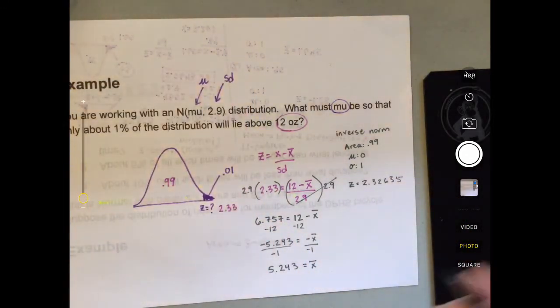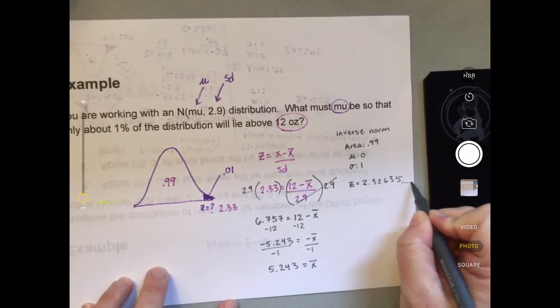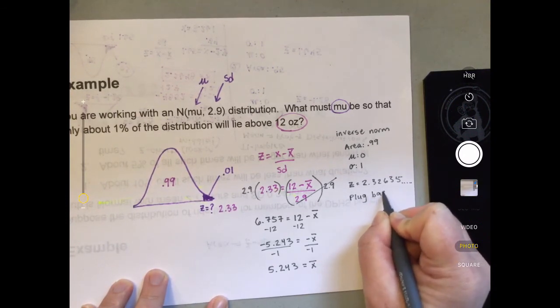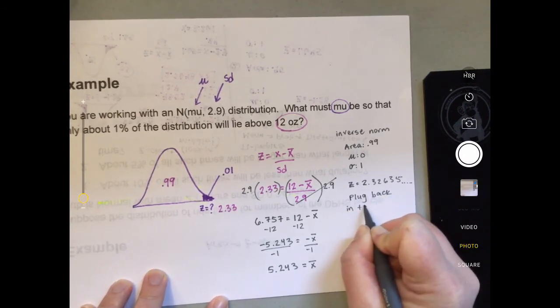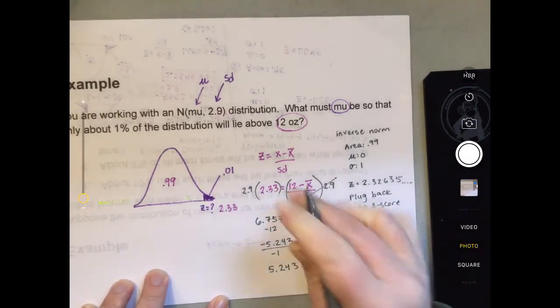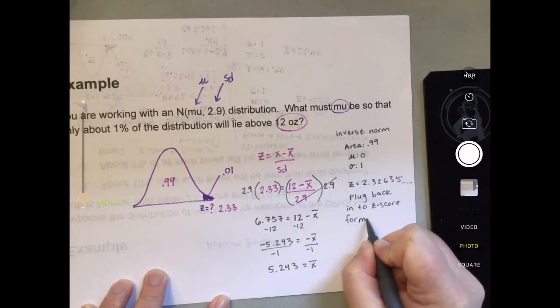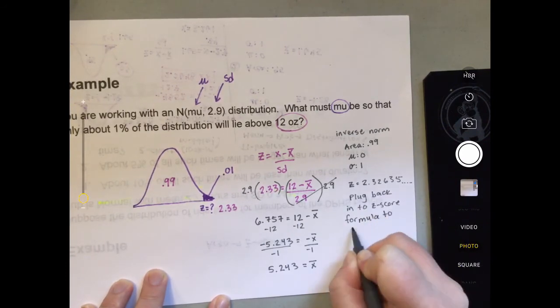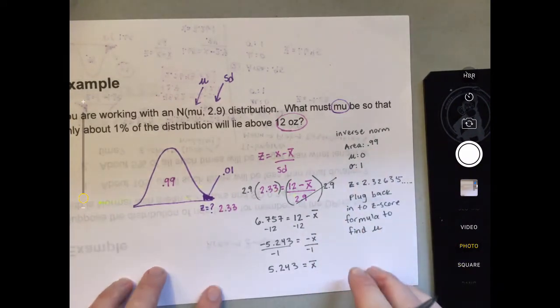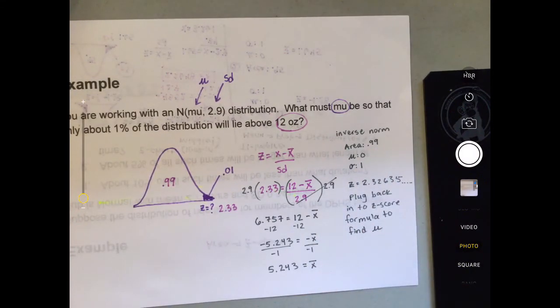And now we can plug that back into our z-score formula to find mu. That's just what we did here, so we have already done that. Mu or x bar, okay? So you can use your chart or you can just use your calculator.